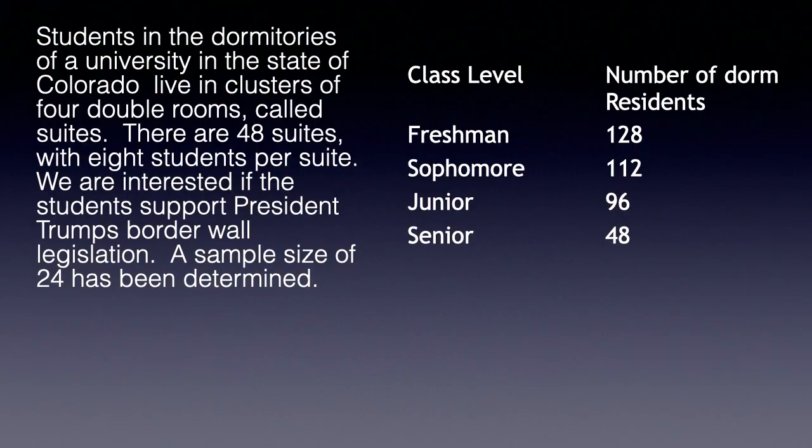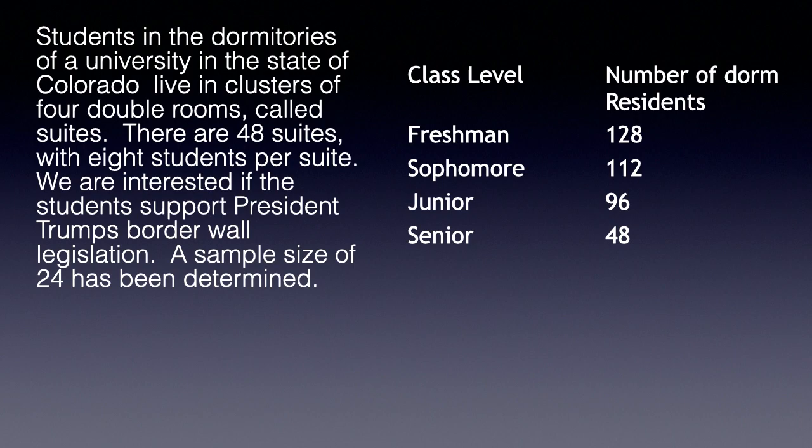So students in the dormitories at some university in the state of Colorado live in these dorms, and somebody at the institution is interested in whether they approve of President Trump's border wall legislation. So we want to sample 24 students from this college that live in the dorms.